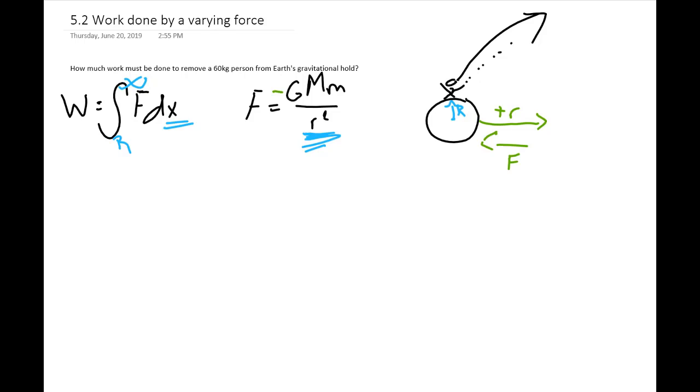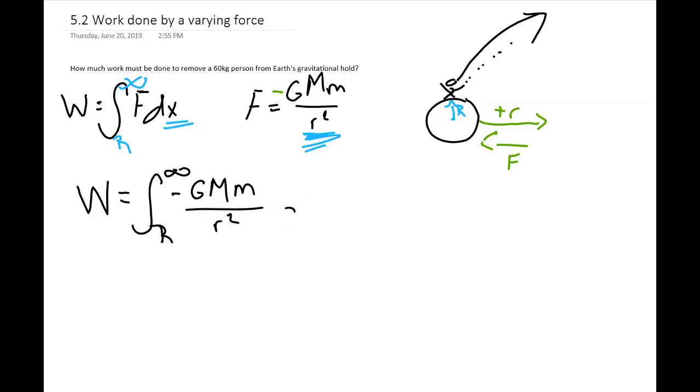Okay? So now that we've wrapped our heads around this, let's write the equation we're going to work from. Work is going to equal the integral starting at r going to infinity of negative G times mass of the Earth times mass of the person divided by r squared dr. So not so bad.